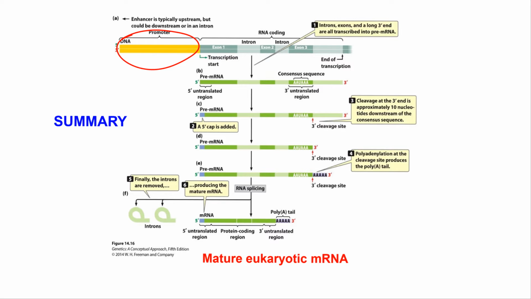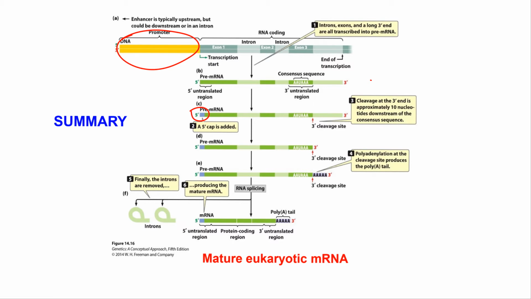What is transcribed into pre-mRNAs are exons, introns, and the long 3' end. Now, once a pre-mRNA is transcribed, it is modified. The first modification is adding of the 5' cap. These 5' caps play a role in the interaction of mRNA with ribosomes and also increase stability of mRNA.